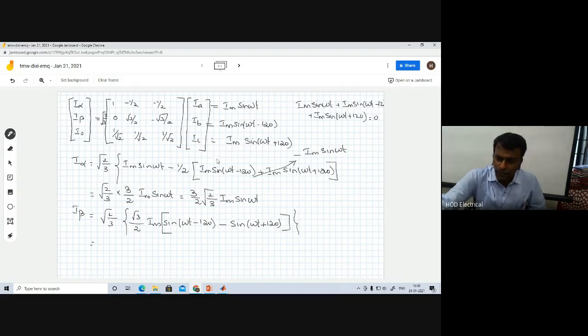So we have root 2 by 3 into root 3 by 2 into Im.